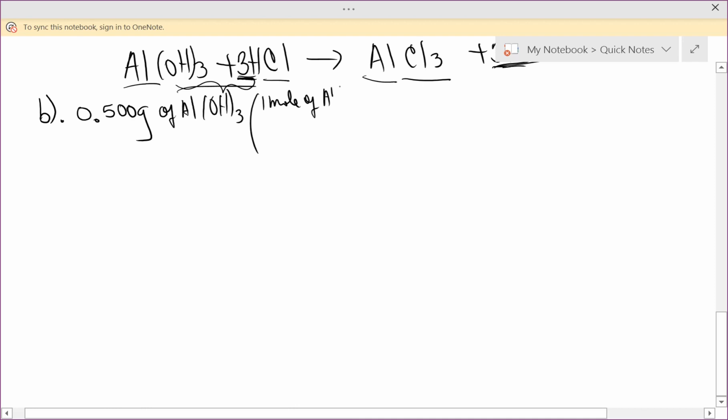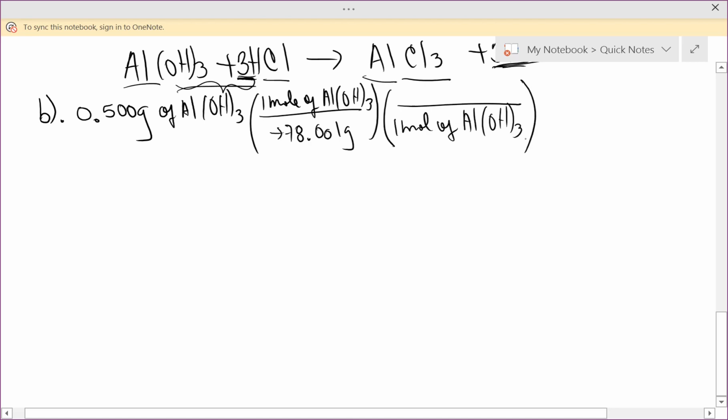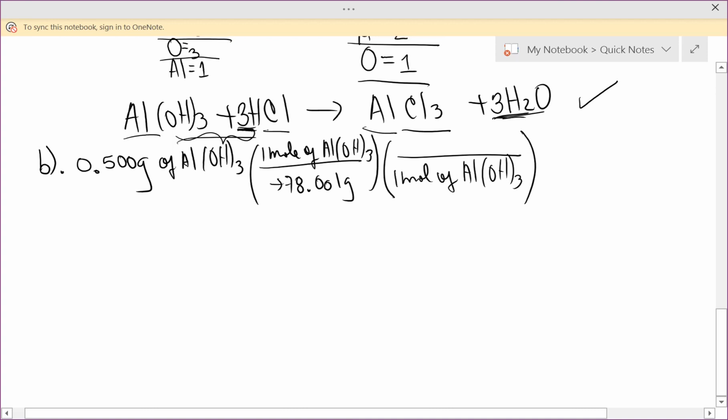of Al(OH)3 is equal to 78.001 grams. This is a molecular mass, guys. So per each mole of Al(OH)3, we have 3 moles of HCl, right?